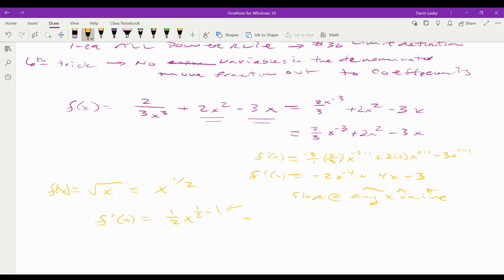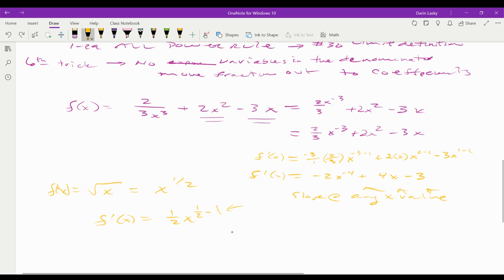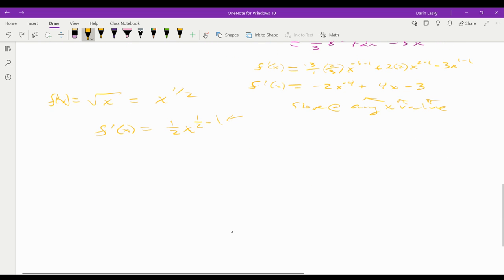So let's just tackle that a little differently. I'm going to go actually down here real quick. So I have 1/2, and then don't forget on fractions, you need a common denominator, minus 2 over 2.